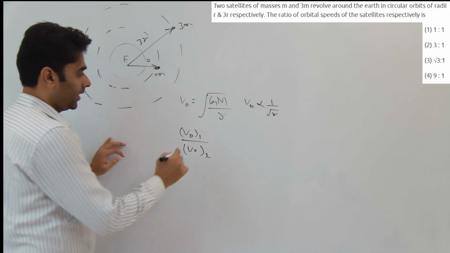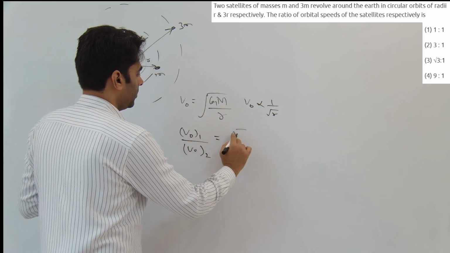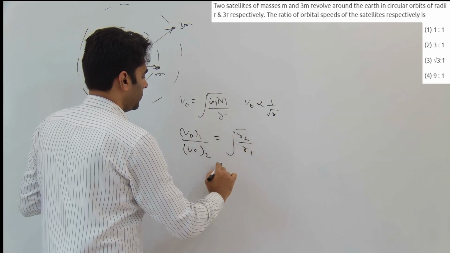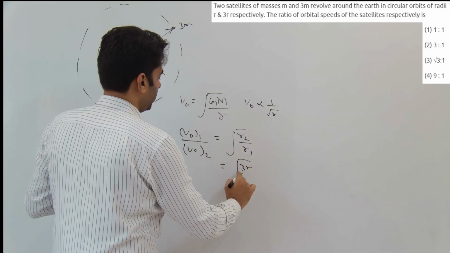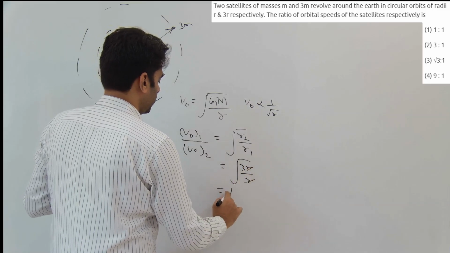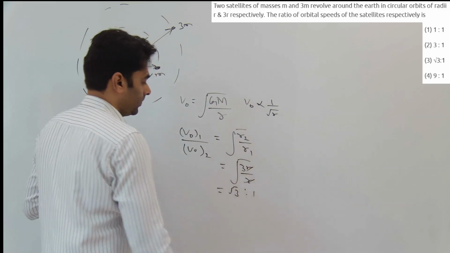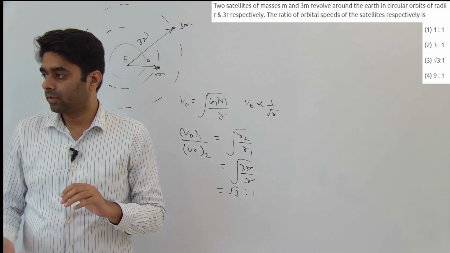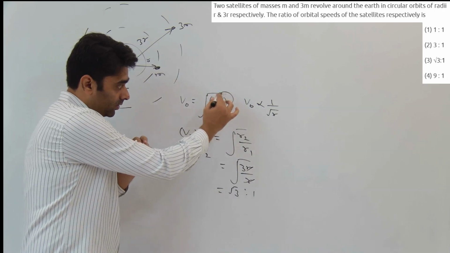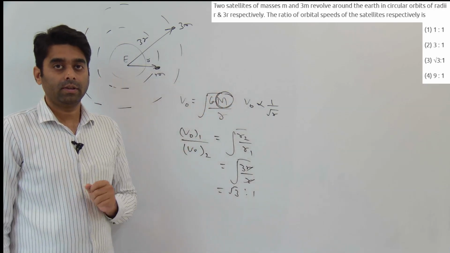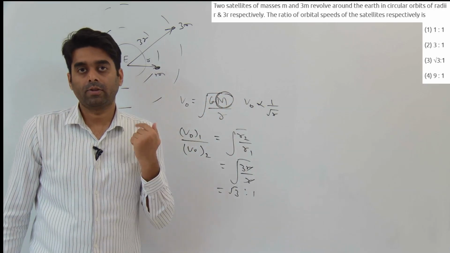So what can I write? This will become basically root of r2 by r1. R2 value is 3r and r1 value is r. So our answer will come root 3 is to 1. Root 3 is to 1, option is 3. Option 3 is the correct answer, right? Over here in this formula, this m is the mass of the planet, not mass of satellite. Right, let's look at next question.